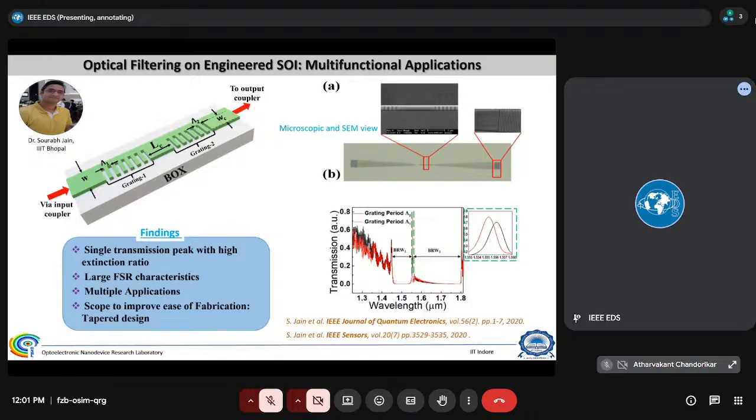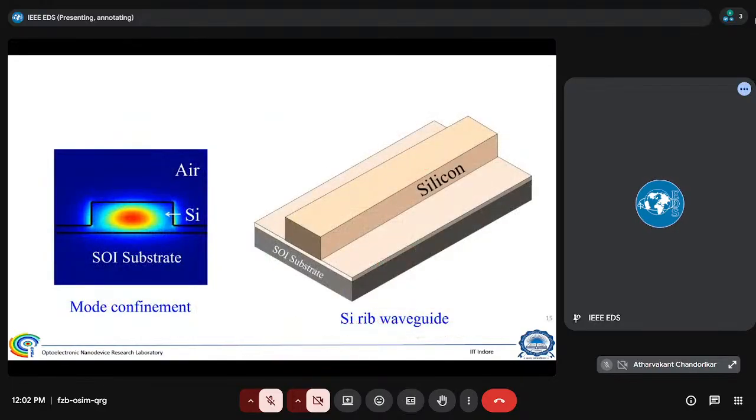So you can have filtering operation. You can use it for sensing because it is sensitive to any change. You put some analyte, this overlapped region will shift. So this shifting will be the signature of the presence of any analyte. That's what it is. So we have fabricated this.